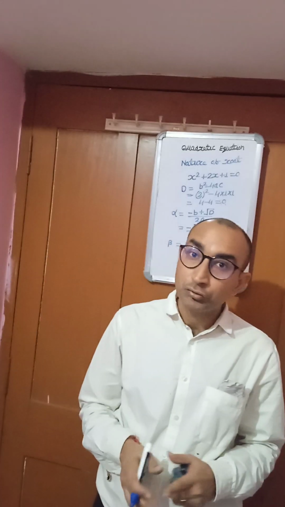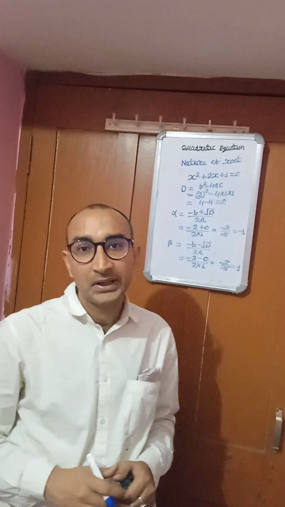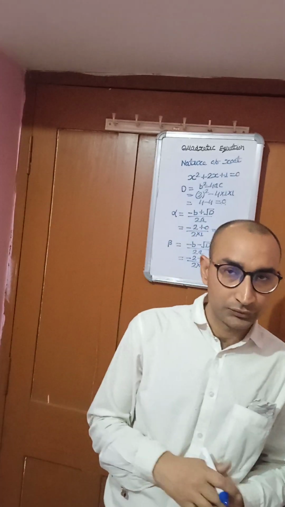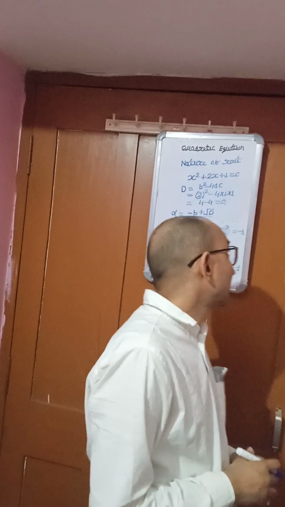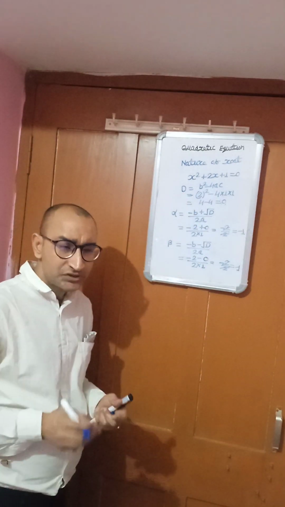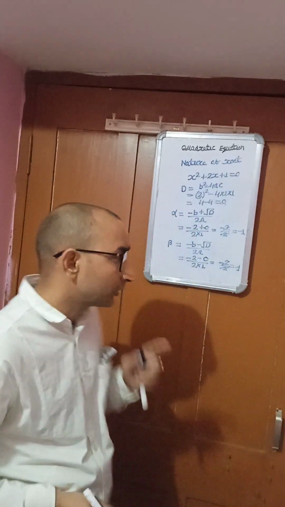If D equals 0, then both roots are equal. And if D less than 0, then it becomes imaginary roots, which is read in class 11th. So I have explained this concept, and on the basis of this concept I want to solve one problem here also.